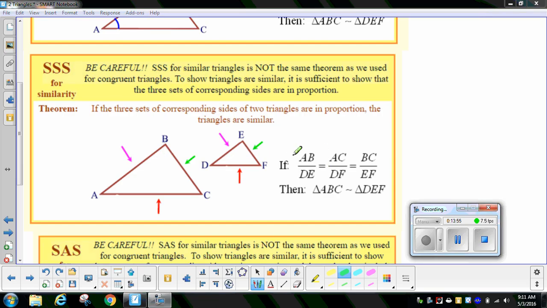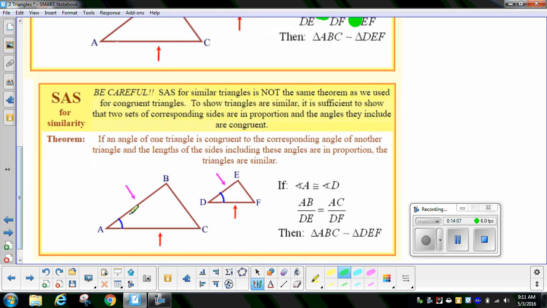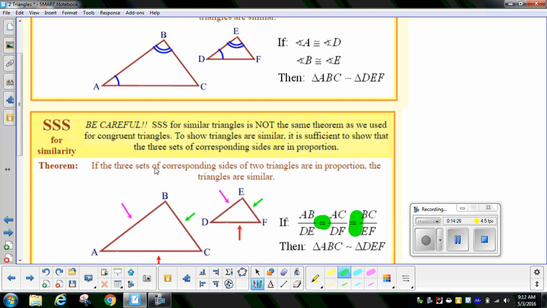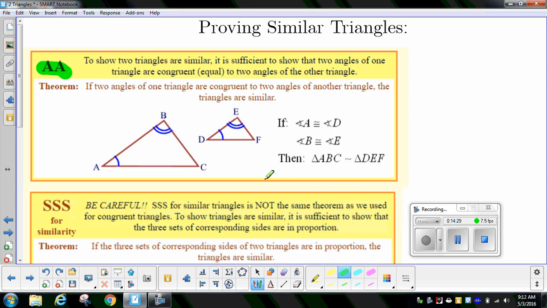So if I know that all three pairs of sides, if I can write those fractions and those fractions are all equal, then I have side, side, side similarity. And last but not least, if I have one pair of angles between two pairs of sides, and I can write the fractions and those fractions are equal, then I know the triangles are similar. So that was a lot of information, several units in one lesson. We will definitely do a lot of practice in class.